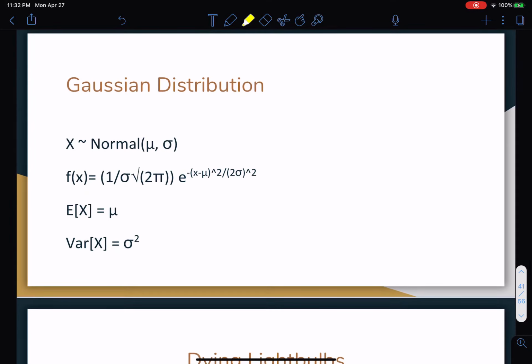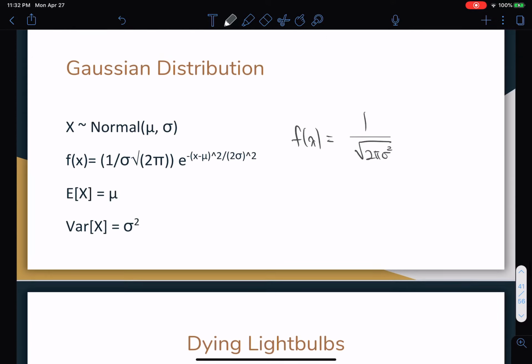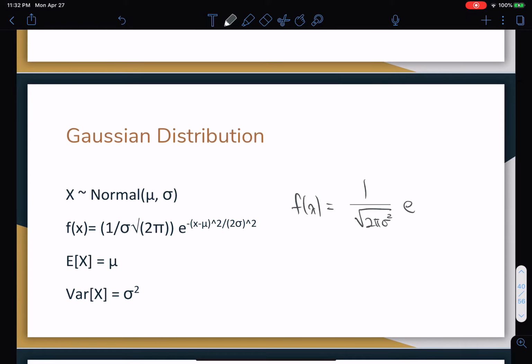For Gaussian, I'm going to write the f of x down in the form that you've probably seen: 1 over the square root of 2 pi sigma squared, e to the minus x minus mu squared over 2 sigma squared.